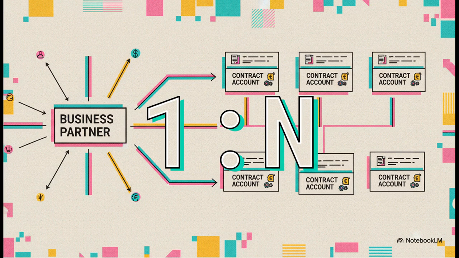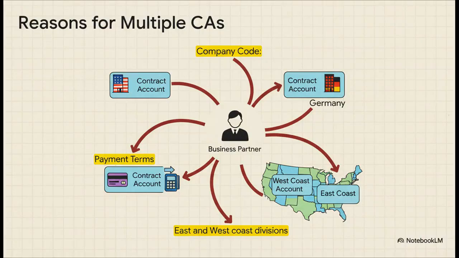It's controlled, intentional flexibility. So why would you do this? Well, maybe your customer does business with both your US and your German subsidiaries. Those are different legal entities, different company codes, so they need two separate contract accounts. Or maybe for one service, they pay by direct debit, but for another, they use a credit card. Different payment rules mean different CAs. Or it could be as simple as the customer just asking for separate invoices for their East and West Coast offices.